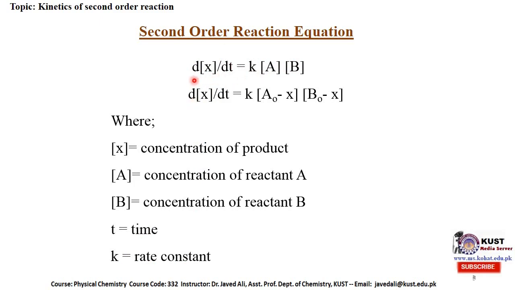We can also write this equation in the below form as dx divided by dt is equal to K (A naught minus x) and (B naught minus x), where A naught represents initial concentration of reactant A and B naught represents initial concentration of reactant B, and x represents the concentration of product. We know that A is equal to A naught minus x and B naught minus x is equal to B.